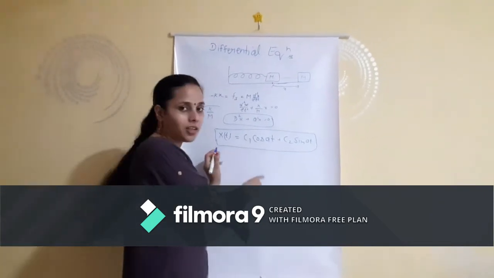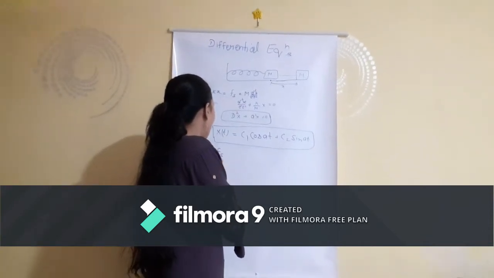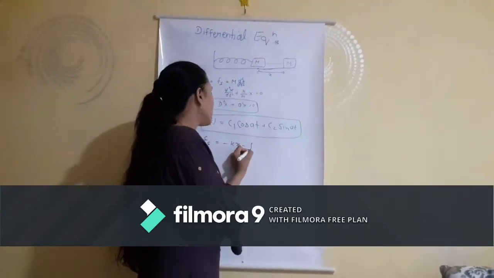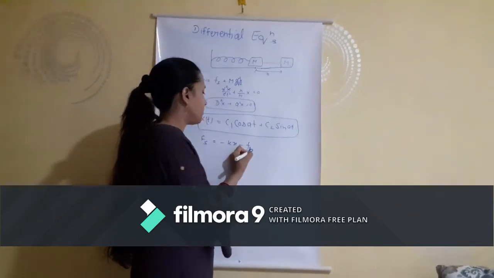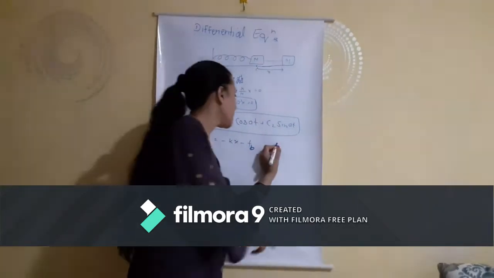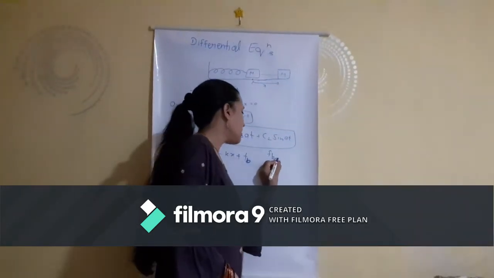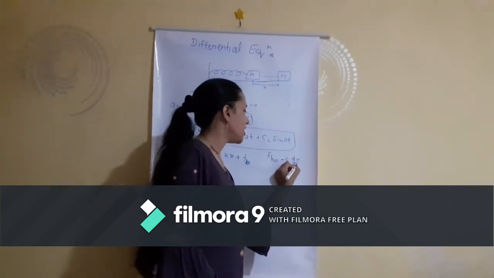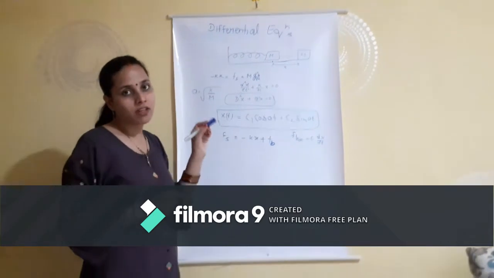There will be an external damping force, so the total force will be Fs equal to minus kx plus Fb, where Fb is equal to minus c dx over dt. There will be a velocity on that cart as well due to the medium.